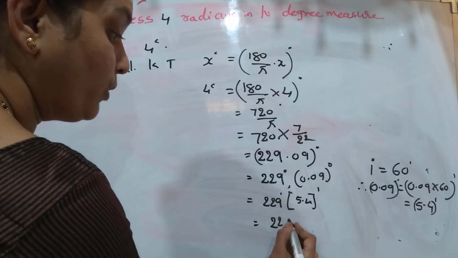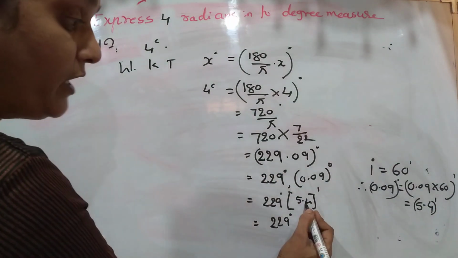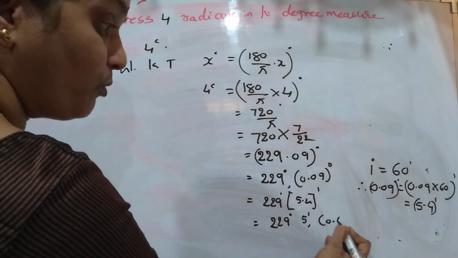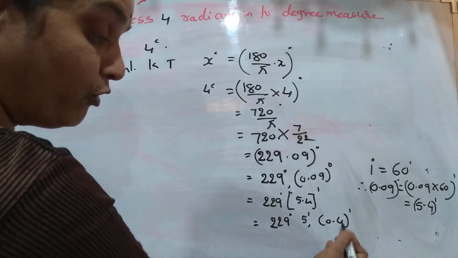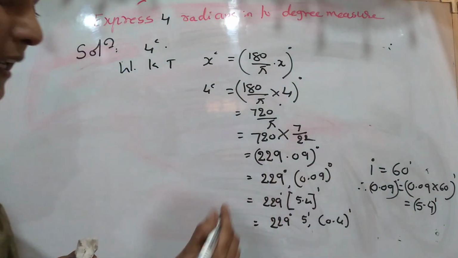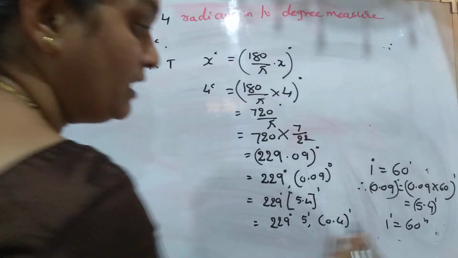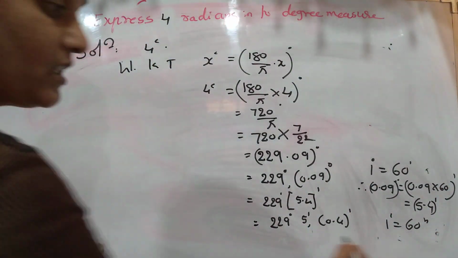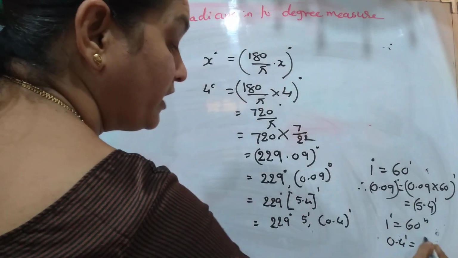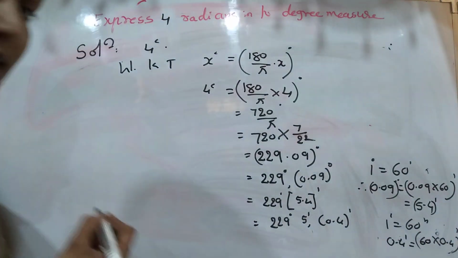So I write 229 degrees, 5 minutes, and 0.4 minutes is there. This 0.4 is a fraction of a minute. It can be written in terms of seconds by multiplying it by 60. We know that 1 minute is divided into 60 equal parts, 60 seconds. Like that, 0.4 minute, 60 into 0.4, the answer comes out in seconds.